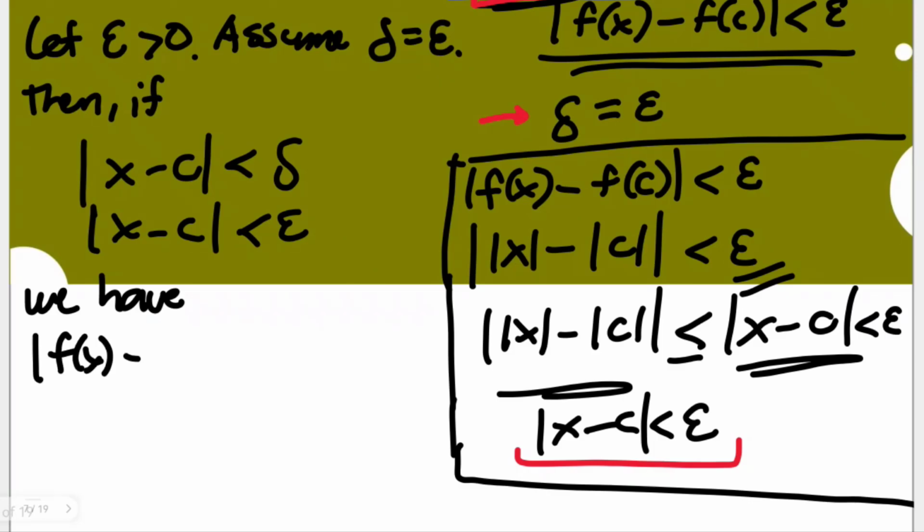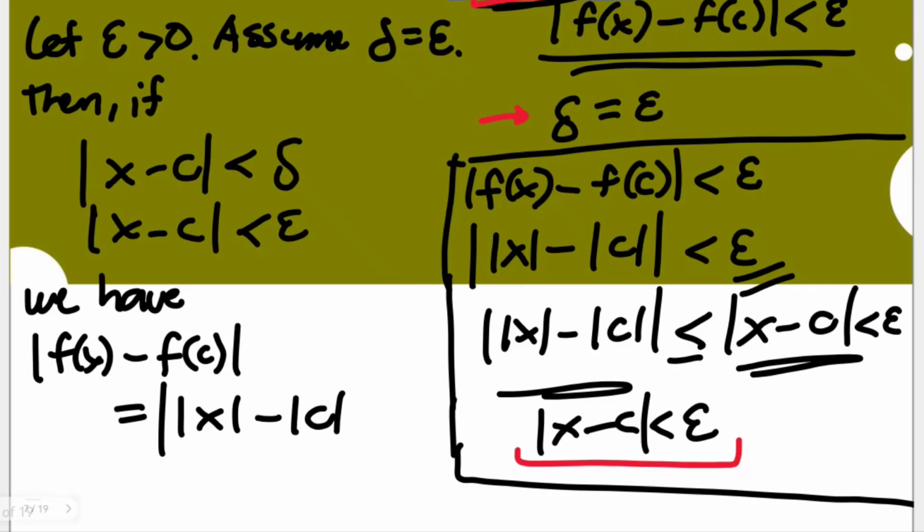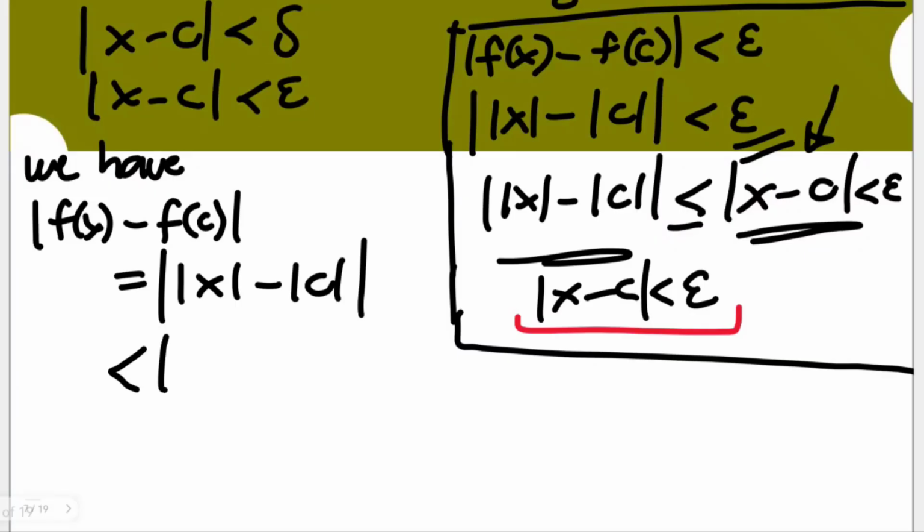The absolute value of f of x minus f of c is equal to the absolute value of the difference of the two absolute value notations, which we are able to show is less than or equal to the absolute value of x minus c, according to the property of absolute value.